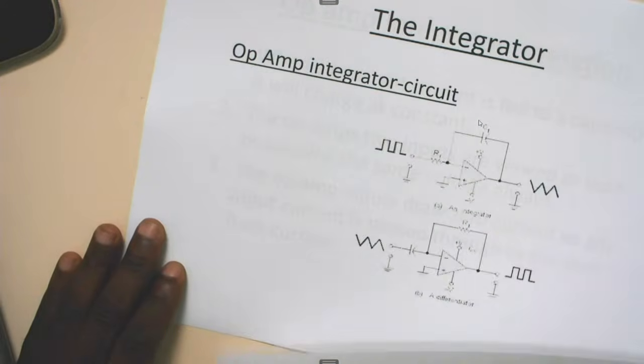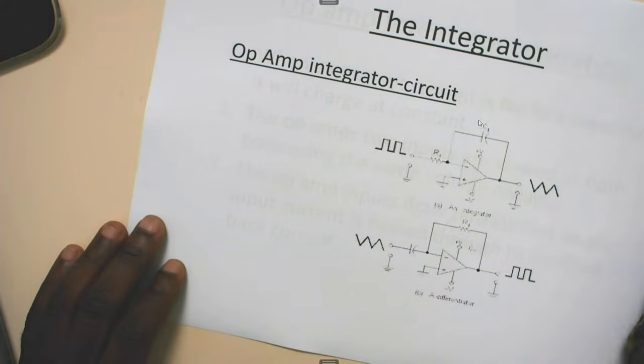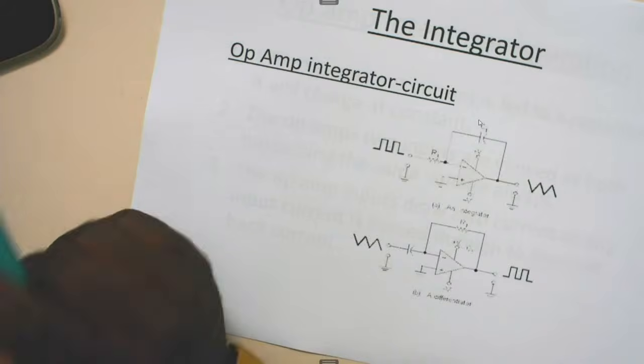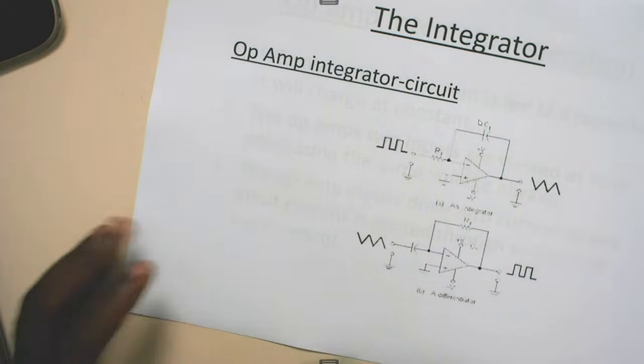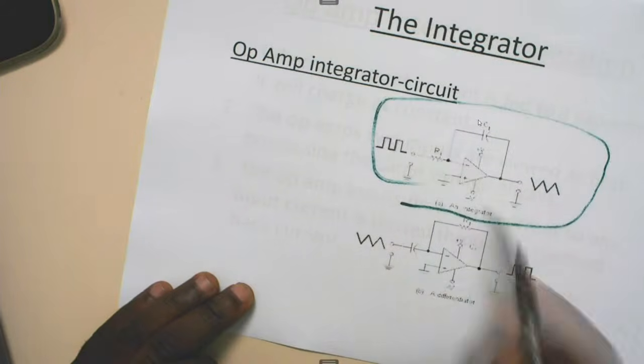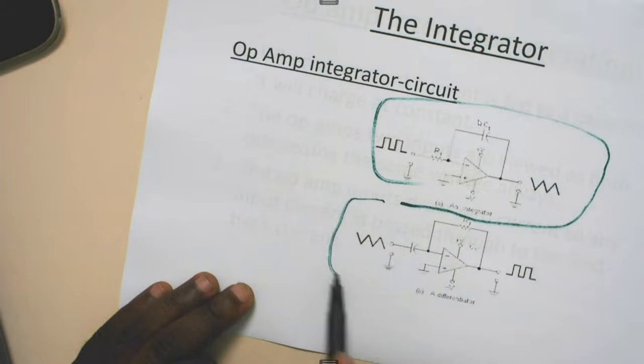Then proceeding to the integrator, the op-amp integrator. There we've got our circuit, which is the integrator. Here on top is the integrator, then below here is the differentiator circuit.